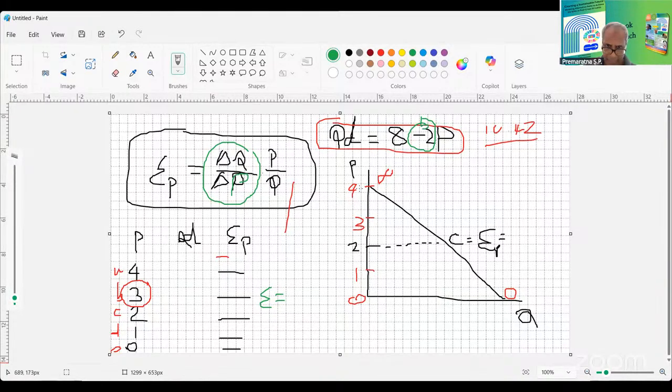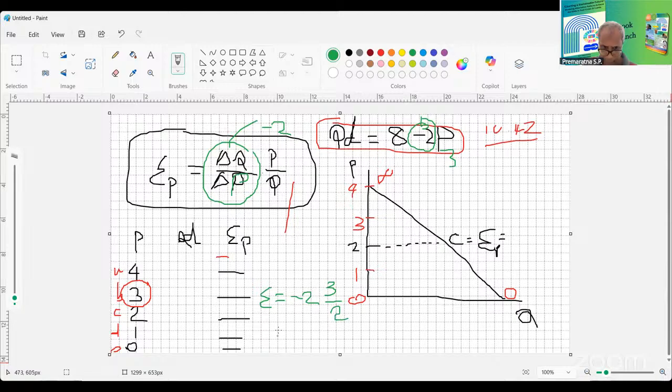Since it's a linear demand function, this part becomes -2. The price at which we estimate the elasticity is 3, so 3 times 2 is 6, 8 minus 6 becomes 2.